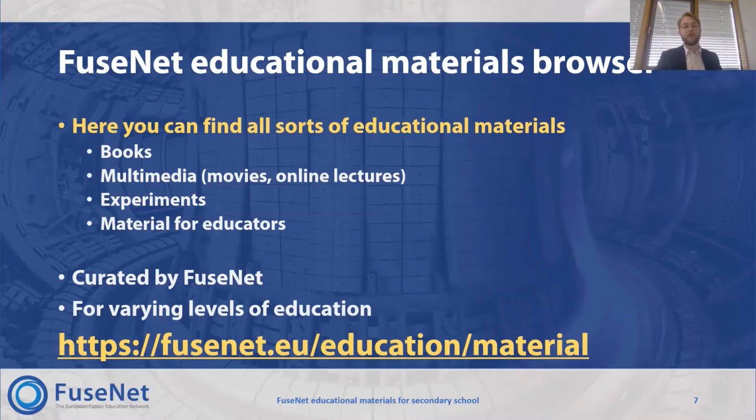So once the primary school material will be ready, this will also be put online in the educational materials browser. And at the same time, we also include books for PhD level, master level, bachelor level. All educational levels are present in the educational materials browser. So there's a lot that can be found on there already.